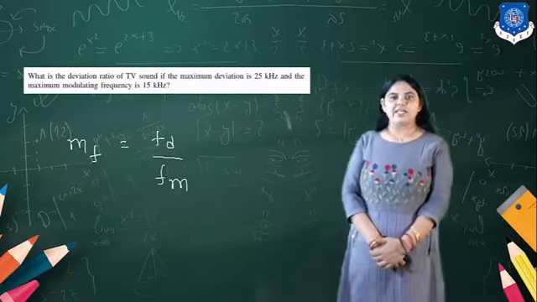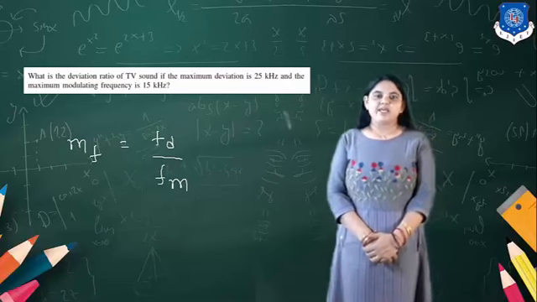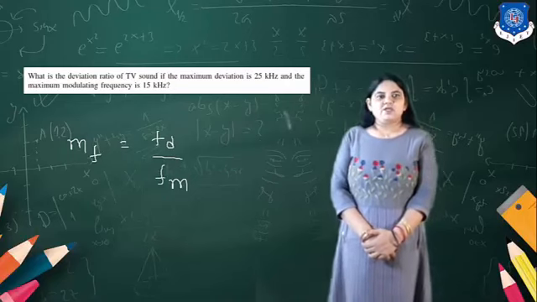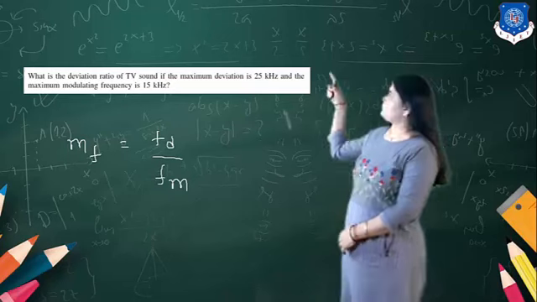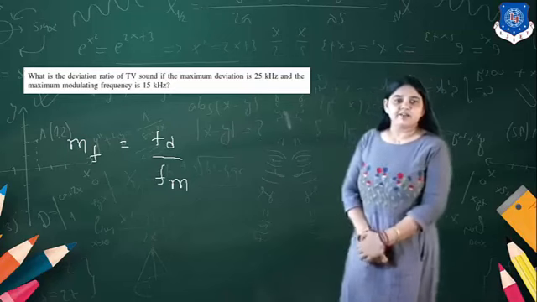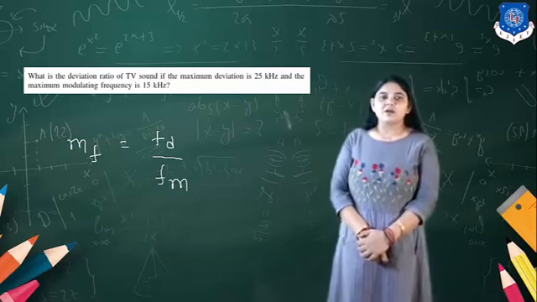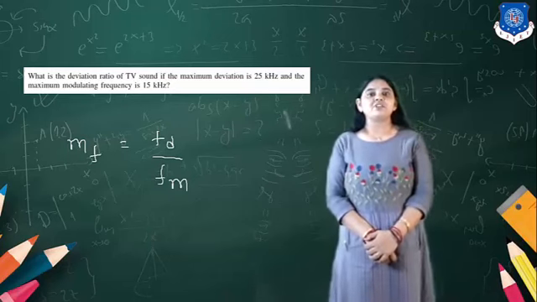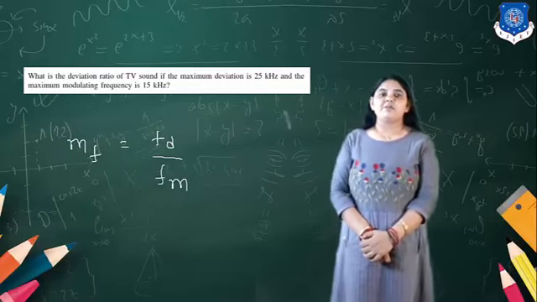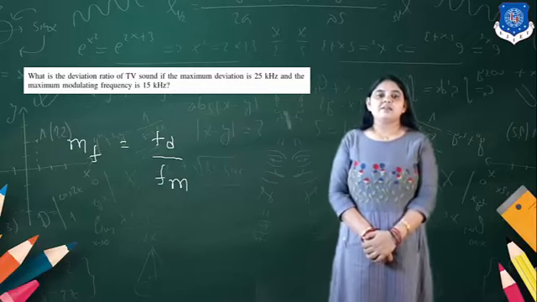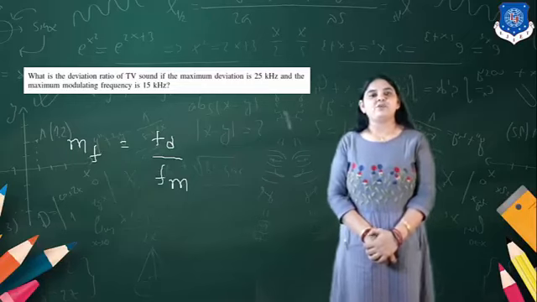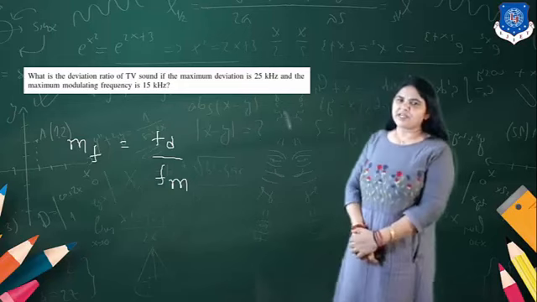Now we'll solve one example based on this theory. The example is: what is the deviation ratio in the television sound, if the maximum deviation is 25 kilohertz and the maximum modulating frequency is 15 kilohertz?